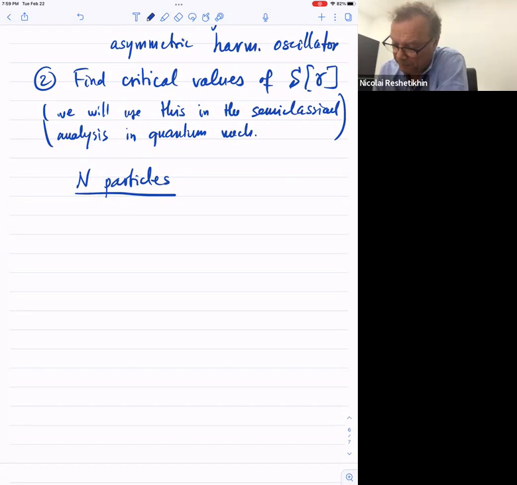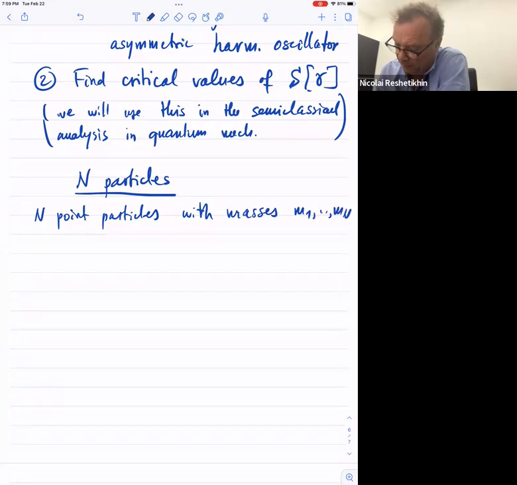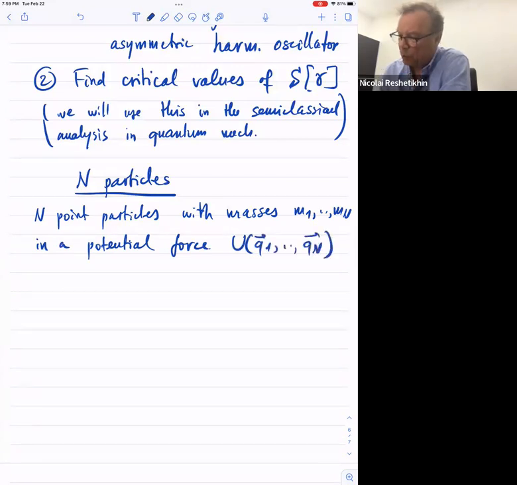In this case, let's say we have n point particles with masses m1, ..., mn in a potential force with the potential u of q1, ..., qn. q1, ..., qn are positions of our particles.